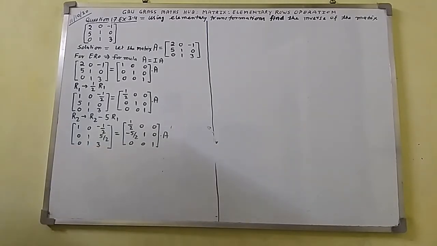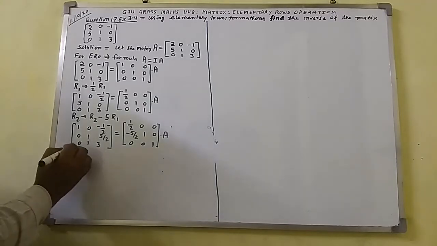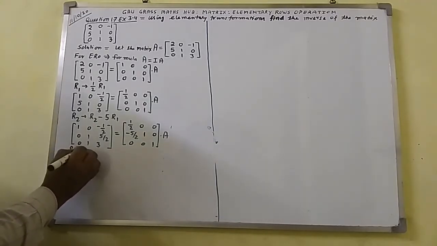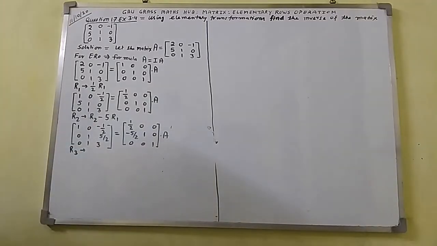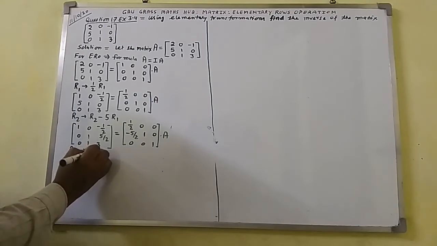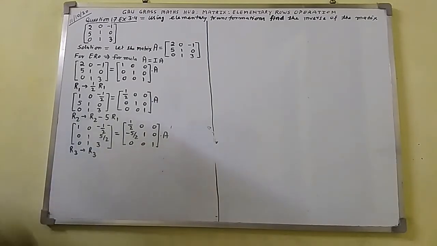In order to convert these 3 into 1, what property are we going to apply here? So let us see. Here I shall write R3 goes to, what property am I going to apply here?